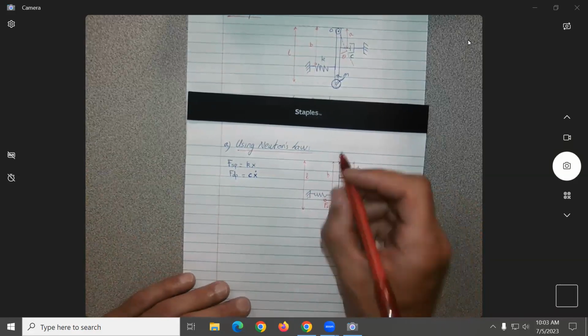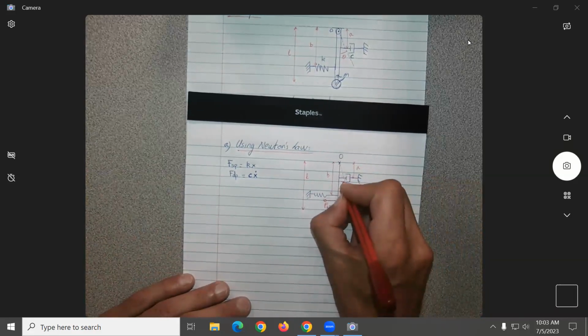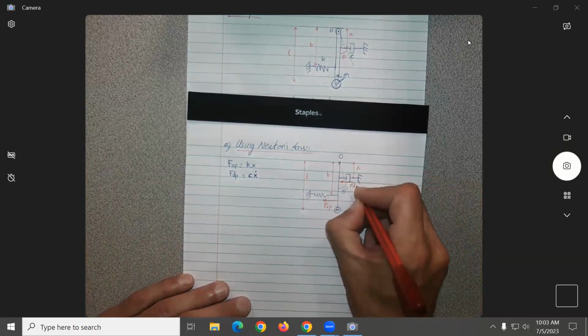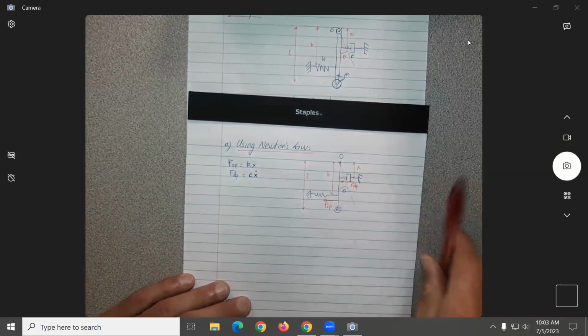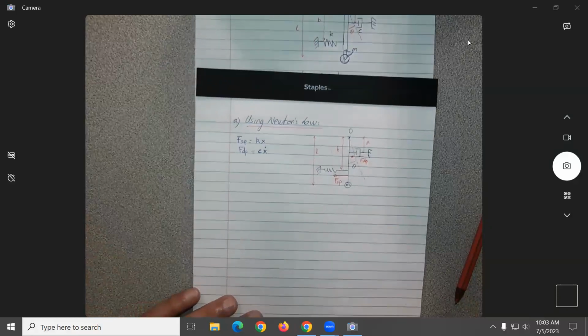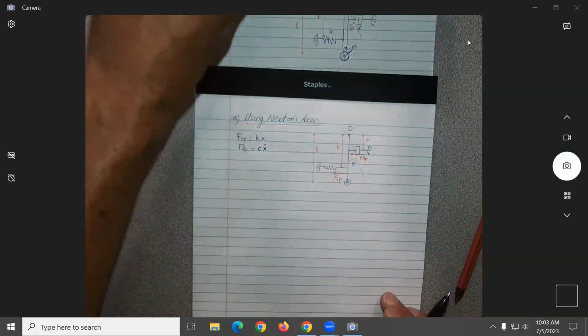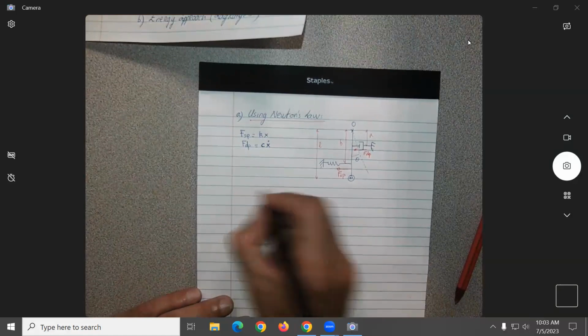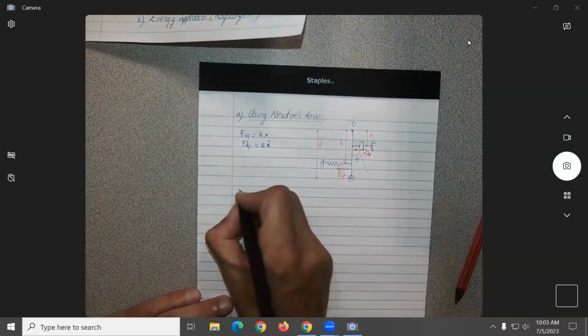Let's say it goes to the left. So what could we do over here? Step one, the free body diagram.